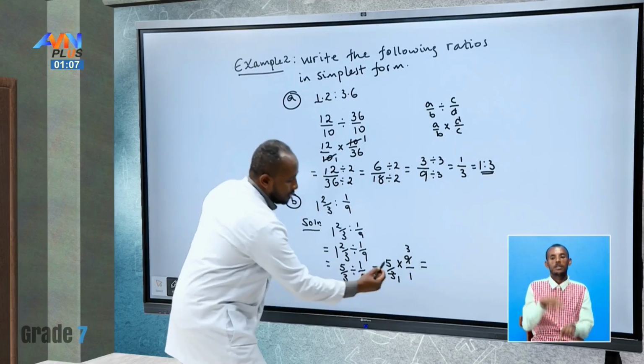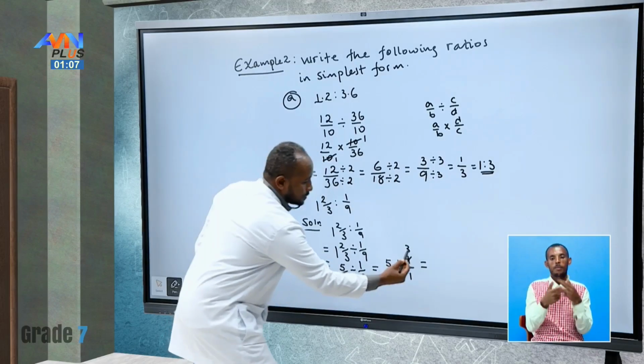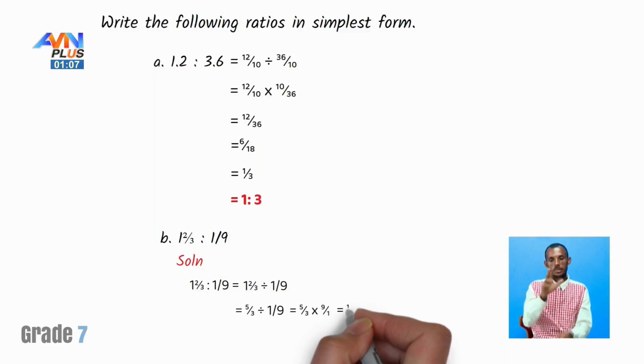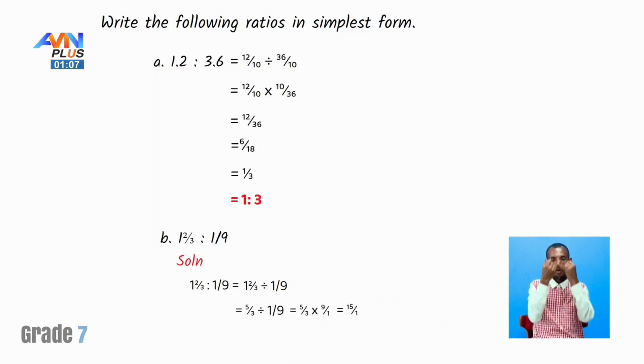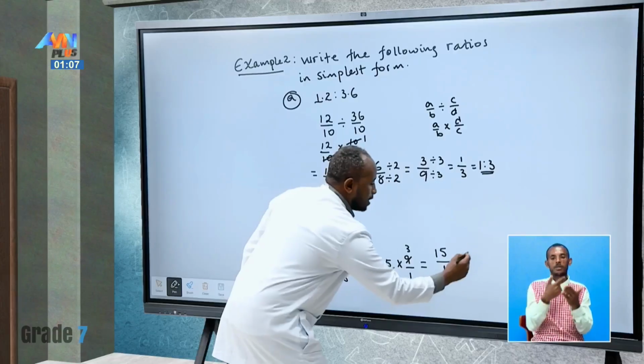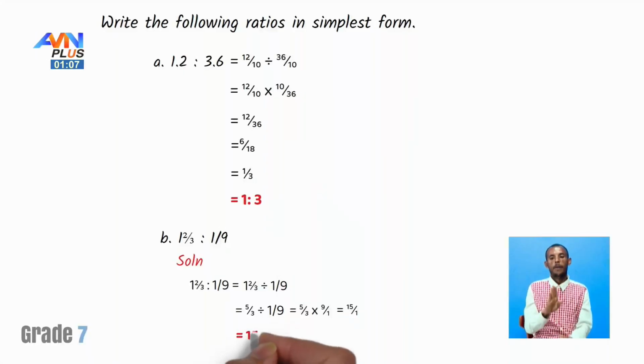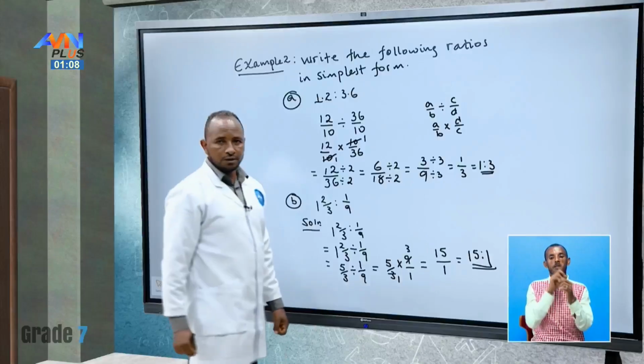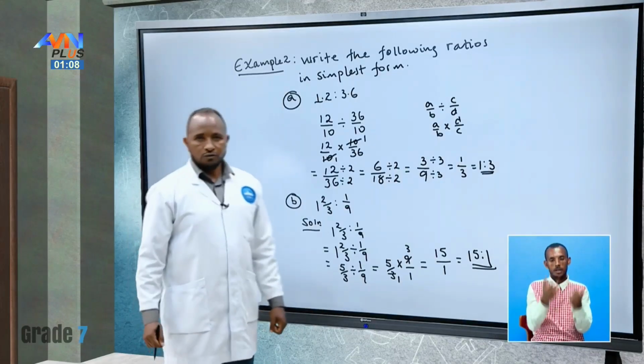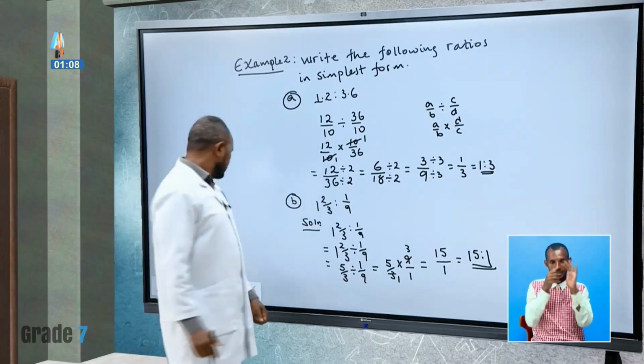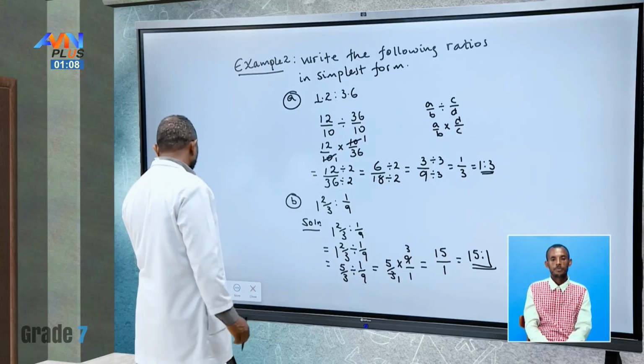Finally, you multiply 5 with 3, it becomes 15, over 1 times 1, which is 1. Therefore, this ratio can be written as 15:1, which is the final answer. That's it. Now, we'll continue to the next example.